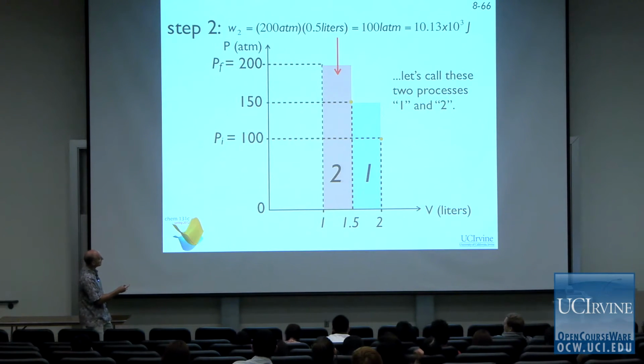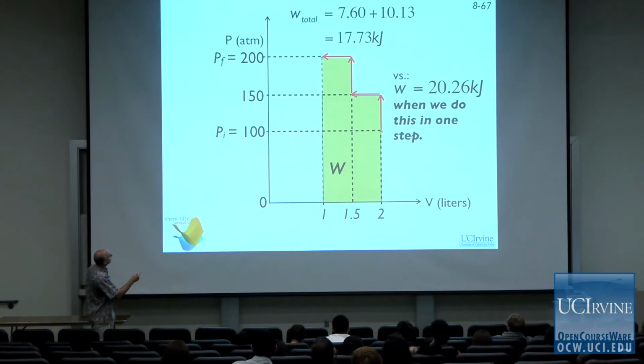We can call these processes 1 and 2. When I add them together, I get 17.73 kilojoules. That's less than we calculated. We calculated 20.26. Remember that? 17.73. That's less. We did less work, and we got to the same final state.